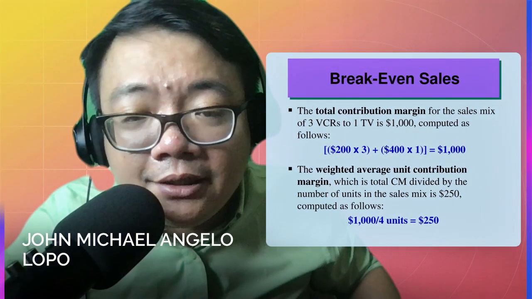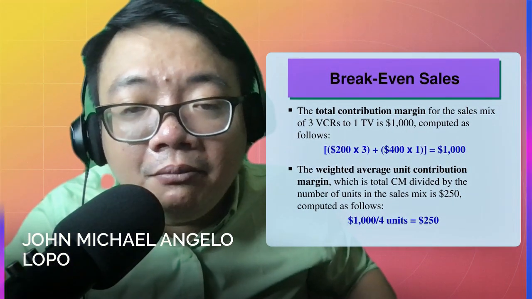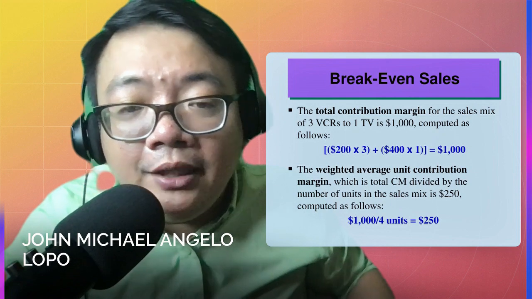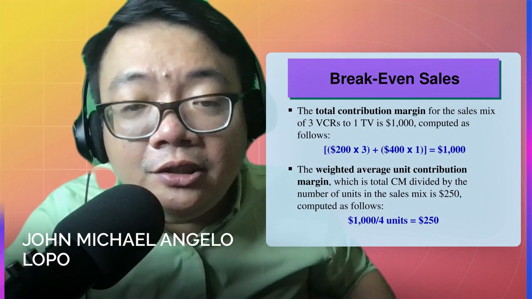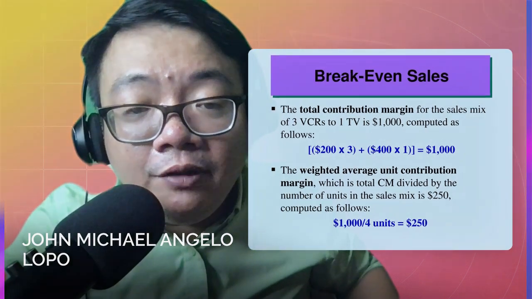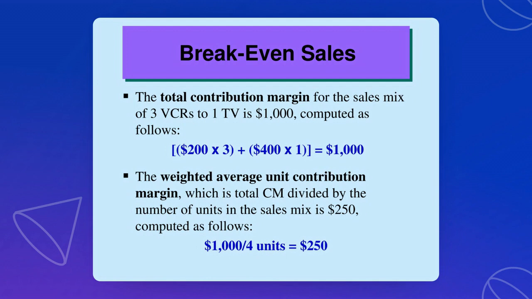We just multiply the CM by your sales mix. For VCRs you have 3, and for TV you have 1. So 200 times 3, plus 400 times 1. How much is our contribution margin? Our CM here is worth 1,000.